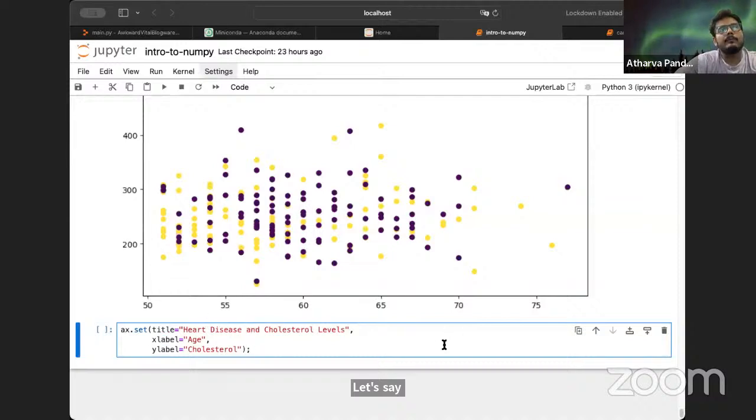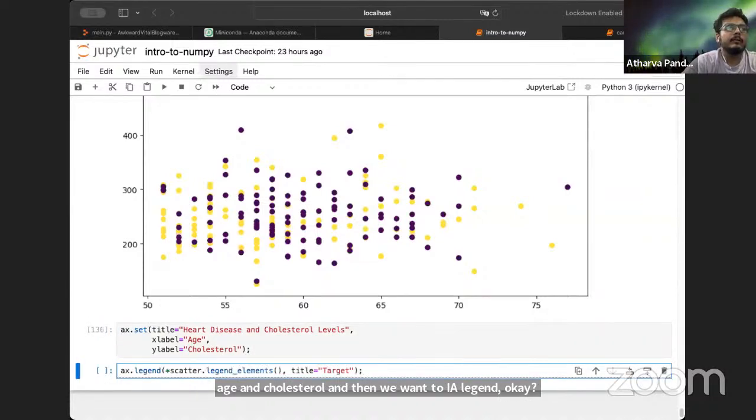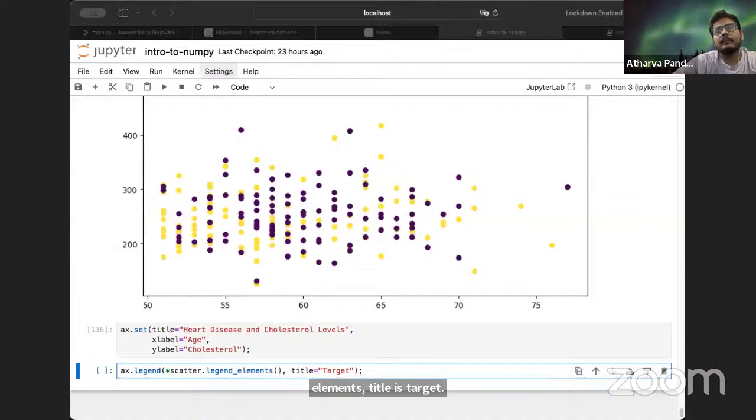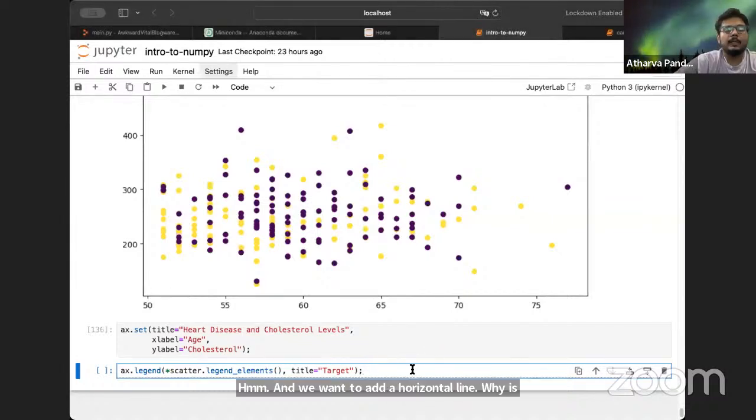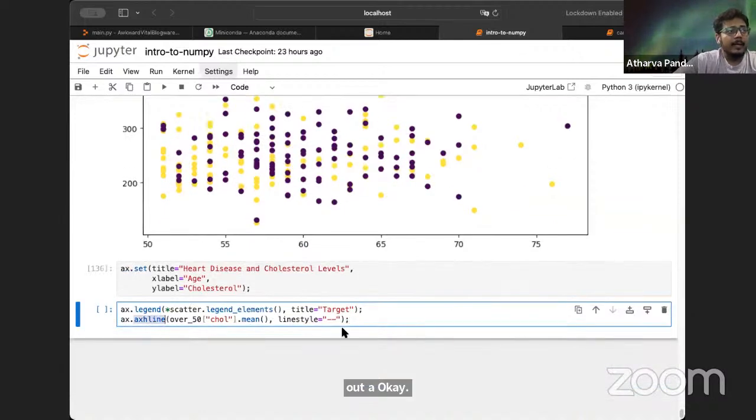Let's say we want to have a title something like this, age and cholesterol, and then we want to add a legend. So we want to add a legend and say legend scatter elements, title is target. And we want to add a horizontal line while taking out a mean. AXHLINE basically means horizontal line.